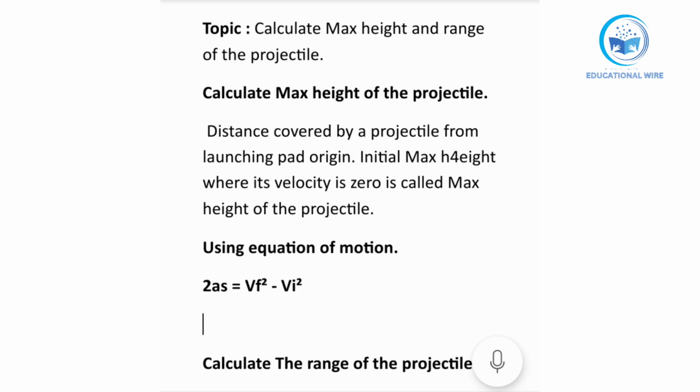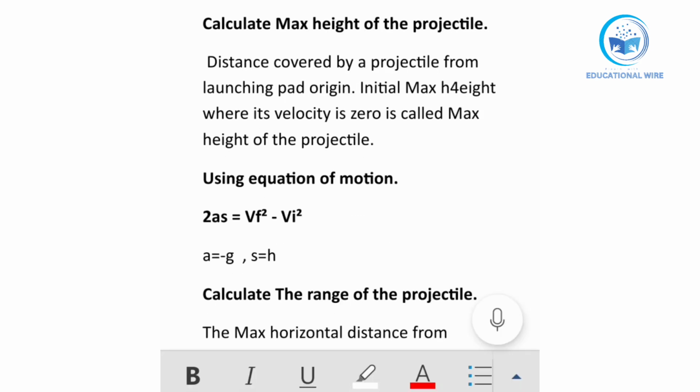As we know from yesterday, here a is equal to minus g, because of acceleration due to gravity, which acts downward, opposite to the upward direction, so it will be minus g. After that we have s, which is distance, but here we have height, so s will be replaced with h.